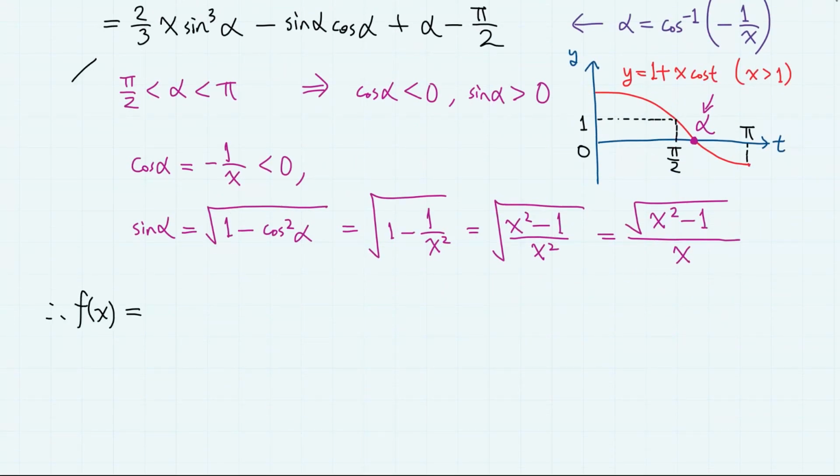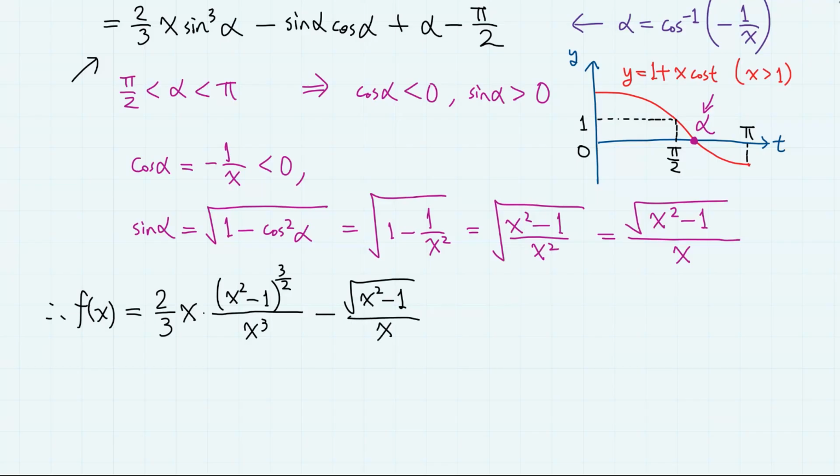Therefore, from here, f of x is equal to 2/3 x times (x squared minus 1) to the power of 3 over 2 divided by x cubed, minus sine alpha, square root of x squared minus 1 over x, times cosine alpha, minus 1 over x, plus alpha, which is inverse cosine of minus 1 over x, then minus pi over 2.